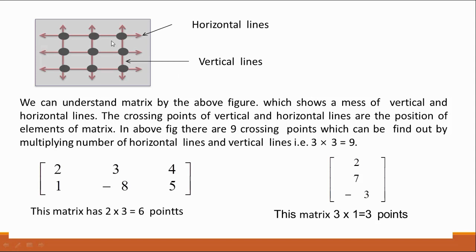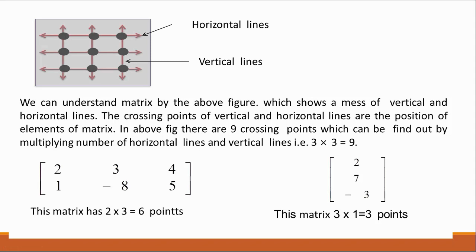Dear students, here you see these are the vertical lines. These vertical lines are called columns, and these are the horizontal lines. These horizontal lines are called rows of the matrix. So if we multiply the number of rows and the number of columns, we can find the number of elements in the matrix.